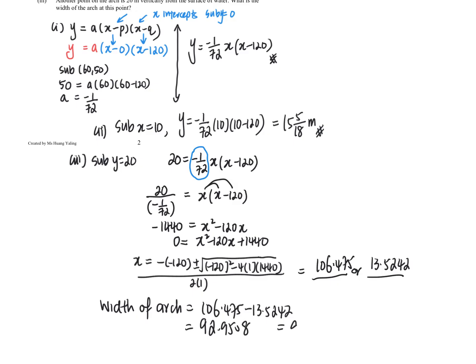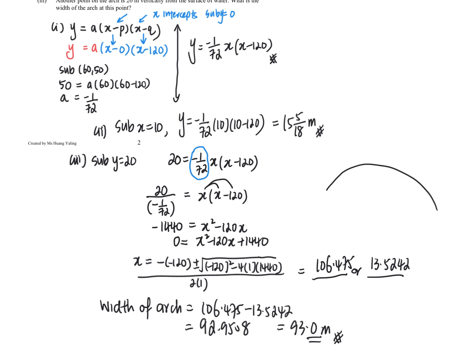So 3SF, 93.0. Okay, if you give me anything more than 3, you are also marked correct, because you are more accurate than 3. Just cannot give me anything less than 3.